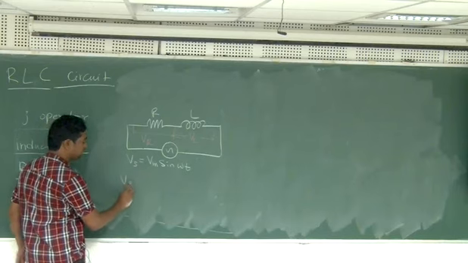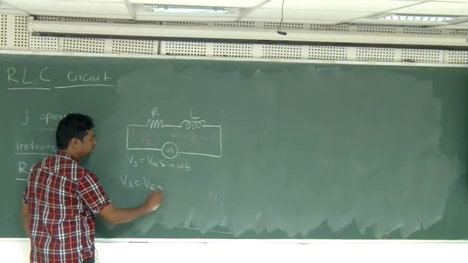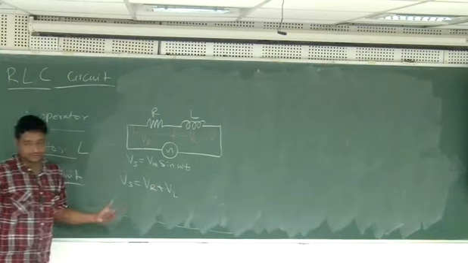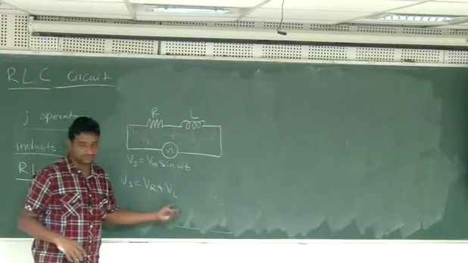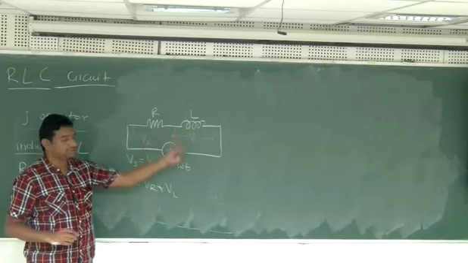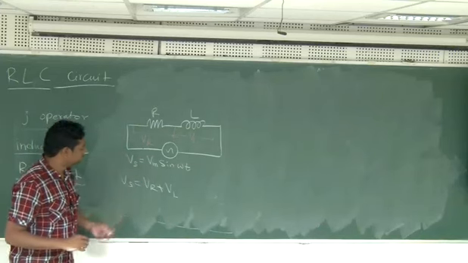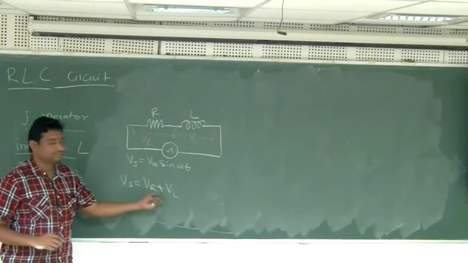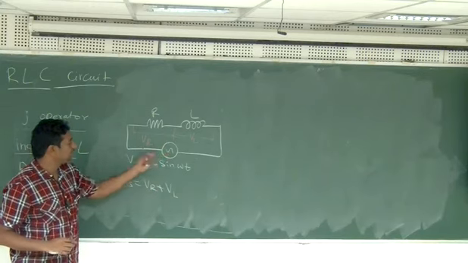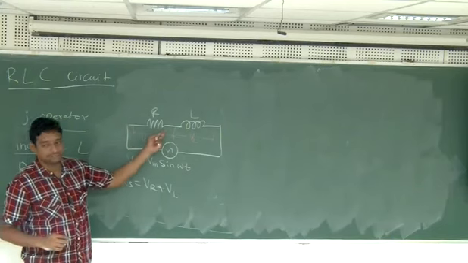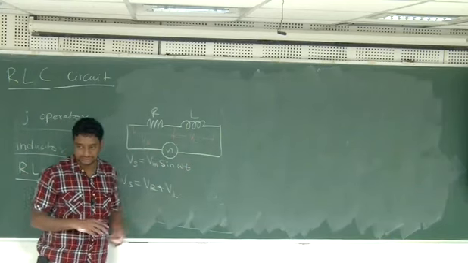So VS equal to VR plus VL. This is just Kirchhoff's voltage law. So in a closed loop, the voltage will be 0. So that means VS minus VR minus VL equal to 0. So why these two are minus? Because here I am increasing the voltage and then voltage drop VR, voltage drop VL, and then 0 volts.